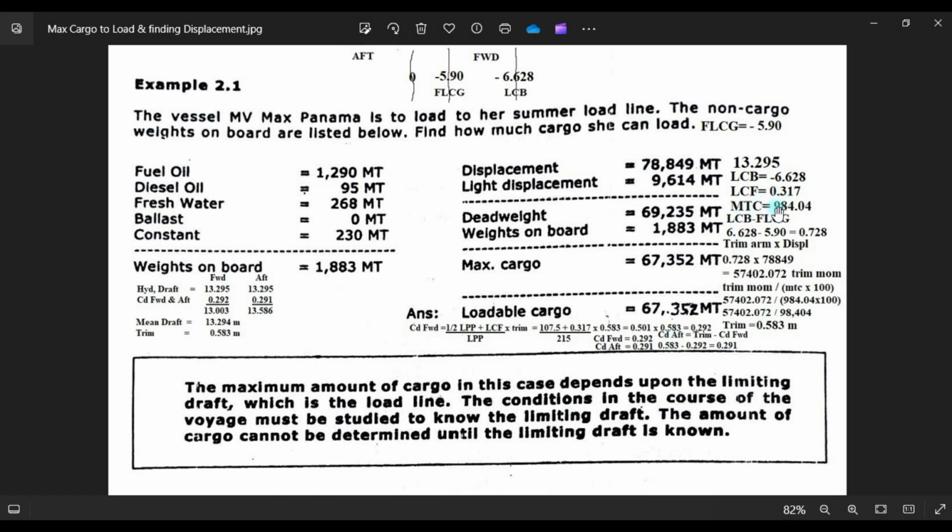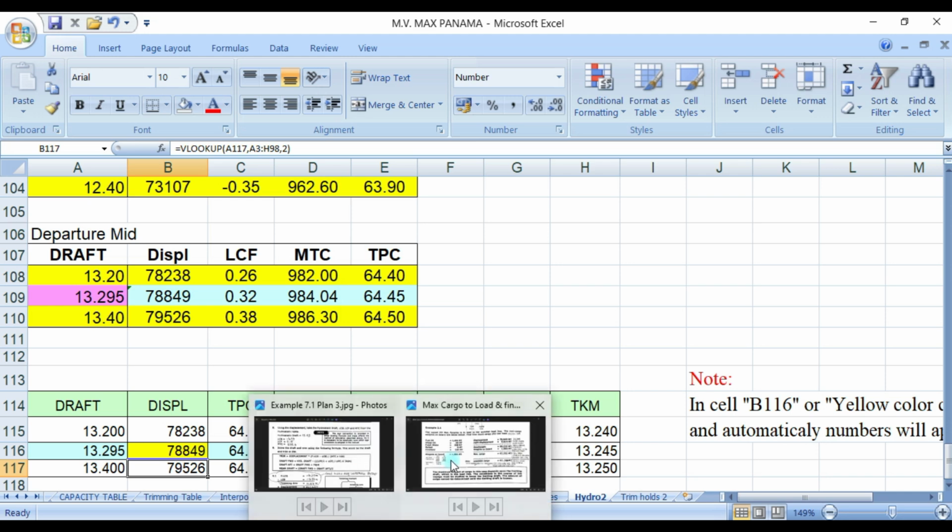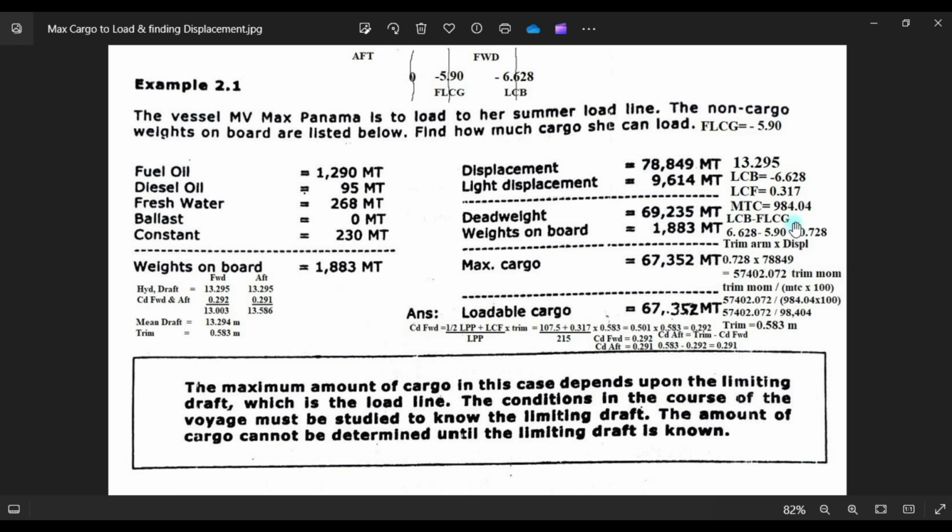And MTC is how much? MTC is 98,404. Okay, so confirm.